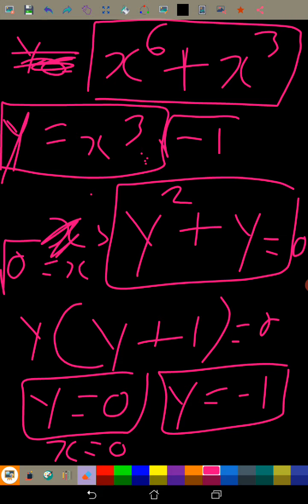I have minus 1 and I want to root cube it. It's not working.